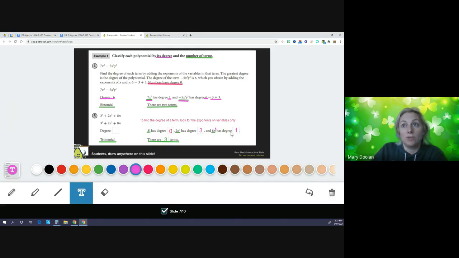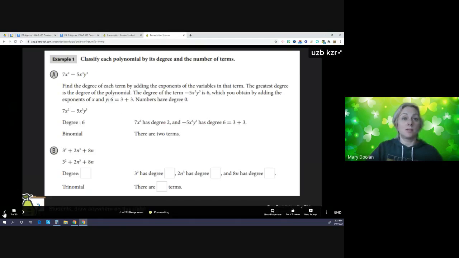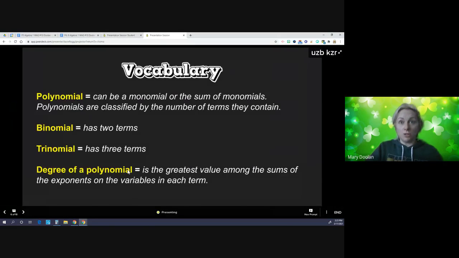You have to look at each term individually. The degree of the polynomial now, though. If I look at the definition, maybe it'll make a little more sense. The degree of a polynomial is the greatest value among the sums of the exponents on the variables in each term. So we found all the sums of exponents. We have to find the greatest one.